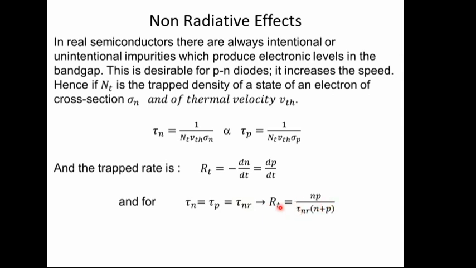In that case, the recombination rate is equal to NP over tau NR times (N plus P). So from this rate, we were able to obtain the non-radiative effect in a semiconductor.